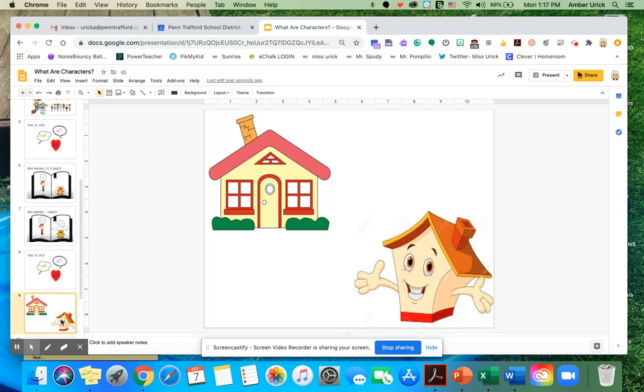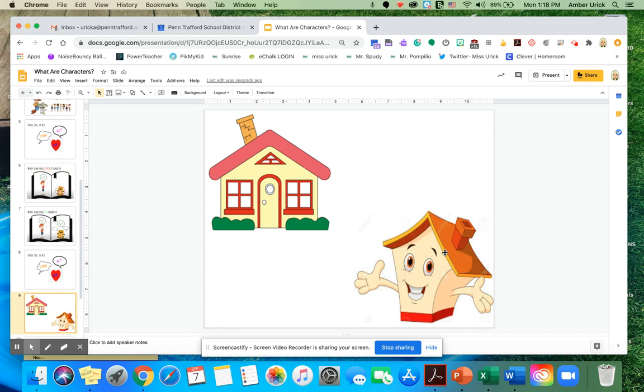Which one looks like it can think, it can feel, and it can act? If you said the bottom right-hand corner, you are correct, because I see two hands, I see a big cheesy grin, I see eyes, and I see eyebrows, and it looks like he has facial expressions, right? So it looks like he can feel with those facial expressions. Maybe he can think and maybe he can act. He's showing us something, right? Looks like a character kind of house to me.